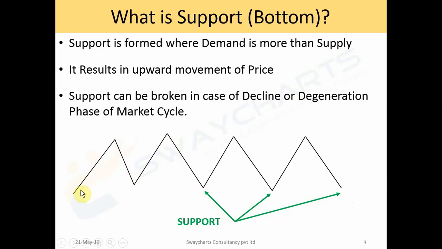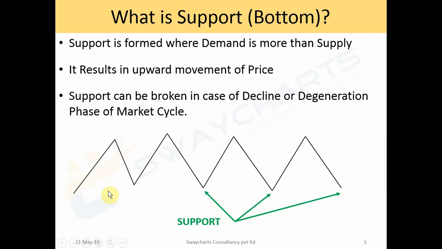So these levels are said to be support levels in the market, and what it means is that at these levels, when the price comes, there is more demand in the stock than the supply, and that is the reason why the price is rising, and this is called support in technical terms. So it can be just a horizontal line at which the price is normally coming and bouncing upside, right?